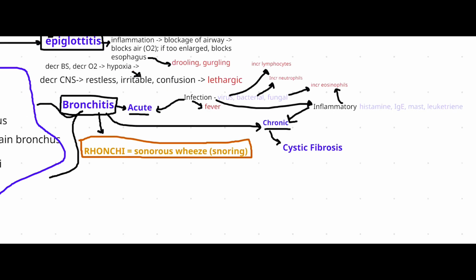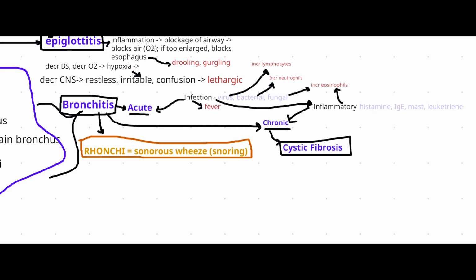Does it matter what the cause is? No. It's still going to be rhonchi in the bronchi. You follow? This is going to be pretty severe. So we'll still hear that rhonchi sound.